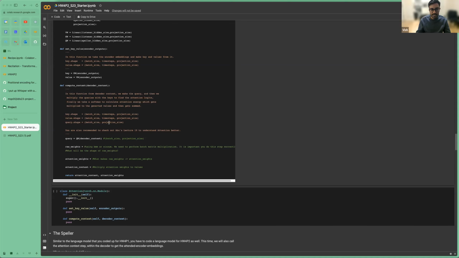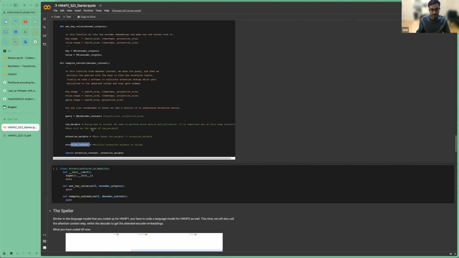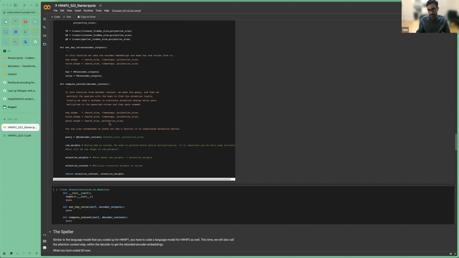And your attention weights should be batch size times time steps, because you want to understand the probabilities, or the raw scores, for every single time step, right? So the attention is going to be batch size, time steps, and then your attention context is going to be batch size, projection size.